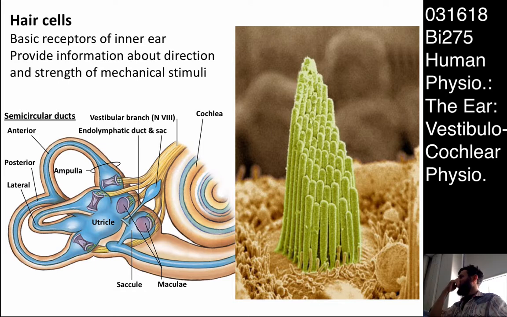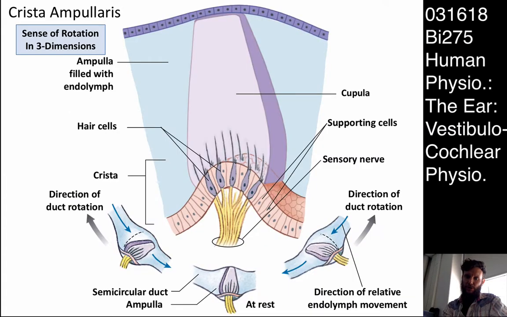What you see here is a cluster of hair cells, in a colorized image, that you might find in the vestibular system. So let's start with the Crista Ocularis.